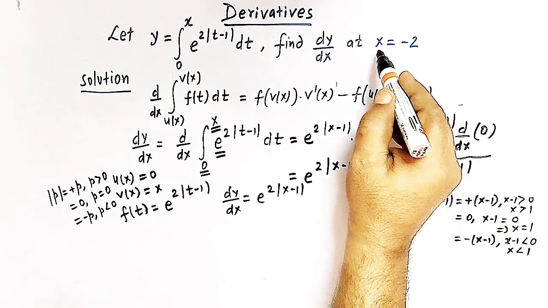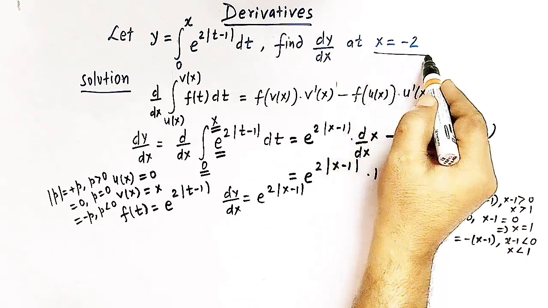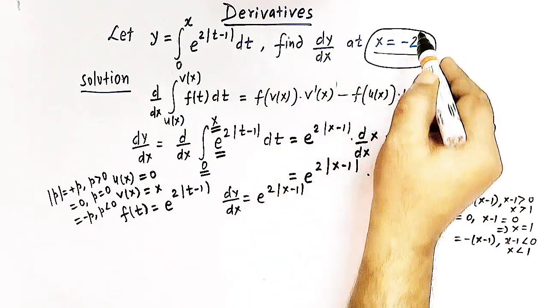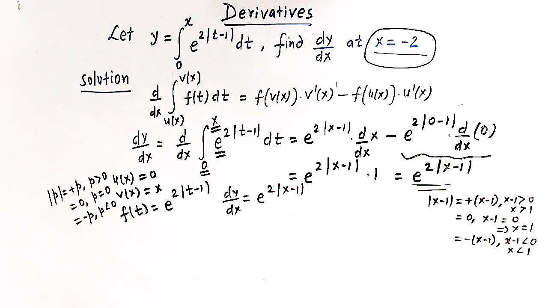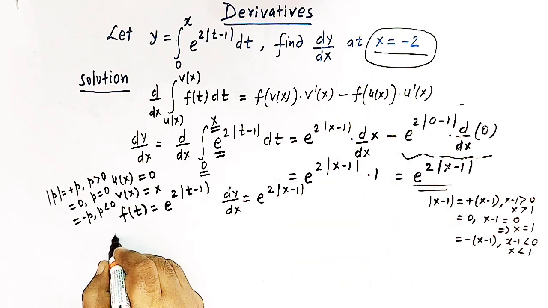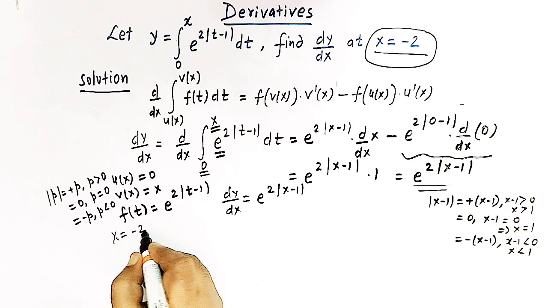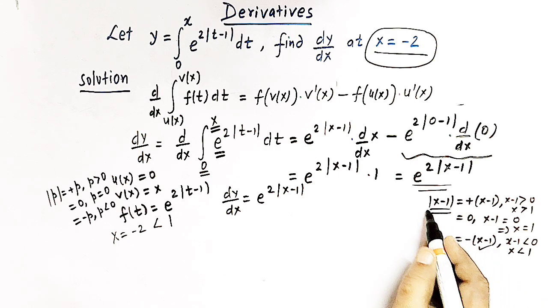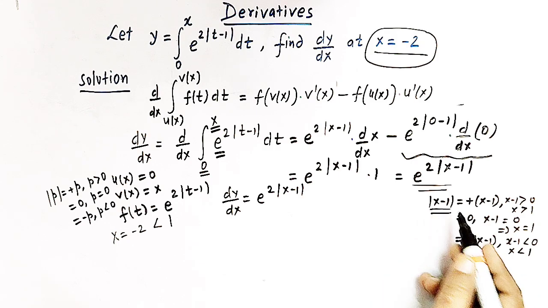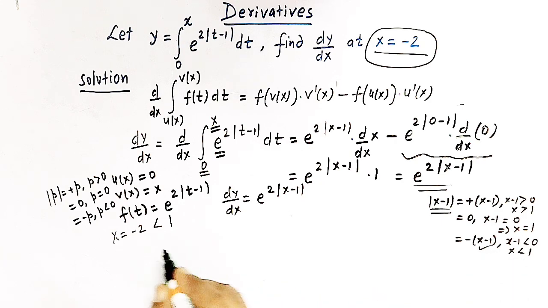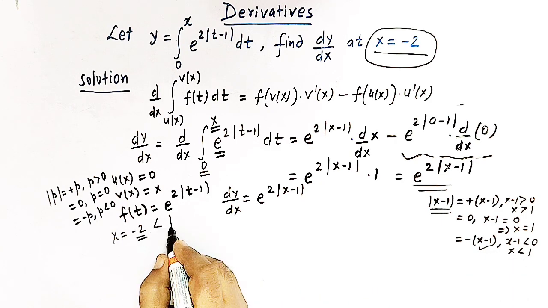Right, now see here we have to find out the derivative of y with respect to x at this point, x is equal to minus 2. So now this point x is equal to minus 2 is less than 1, right? So we have to make use of this definition of mod of x minus 1. Mod of x minus 1 is negative of x minus 1 when x is less than 1, and minus 2 is less than 1.